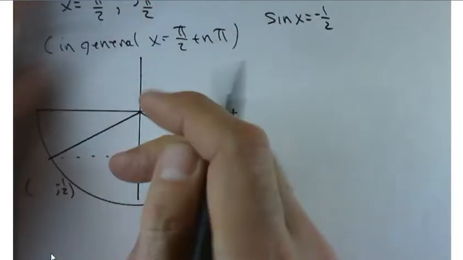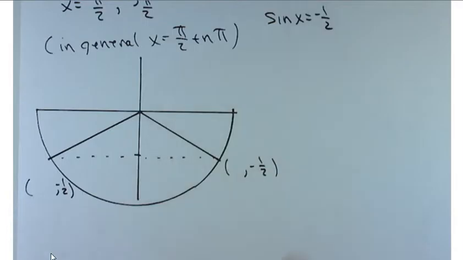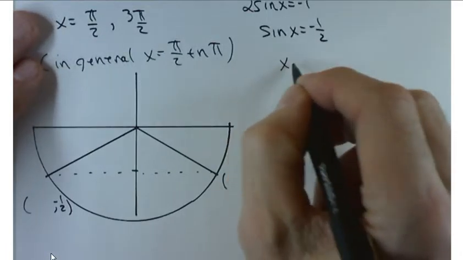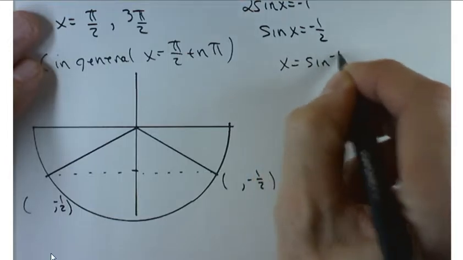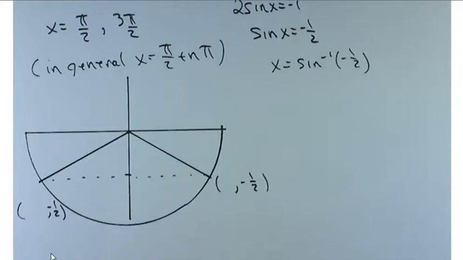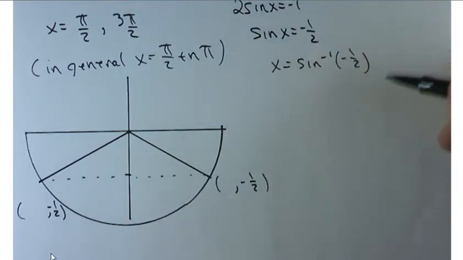So for those of you who don't remember this angle, here's what you can do. You can take x is the inverse sine of negative 1/2. Now when you do that on your calculator, I would suggest you temporarily put it in degrees, because most of us aren't going to recognize the decimal value for that.